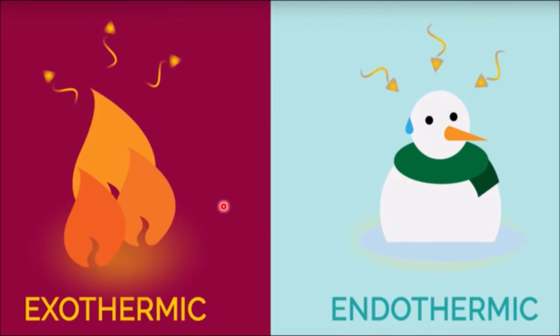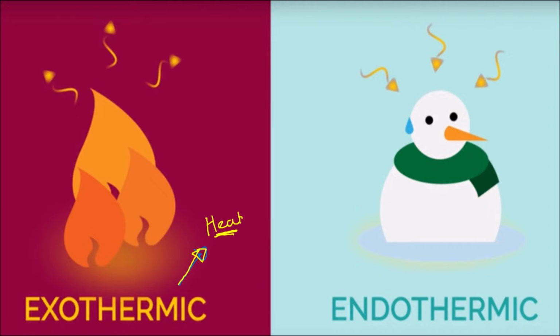Before we start, let's talk about a thing called exothermic and endothermic. Now, endo and exo represent two types of heat transfer. Thermic represents heat.